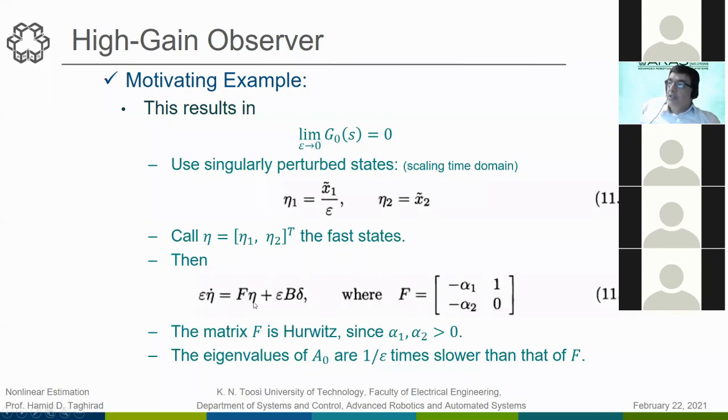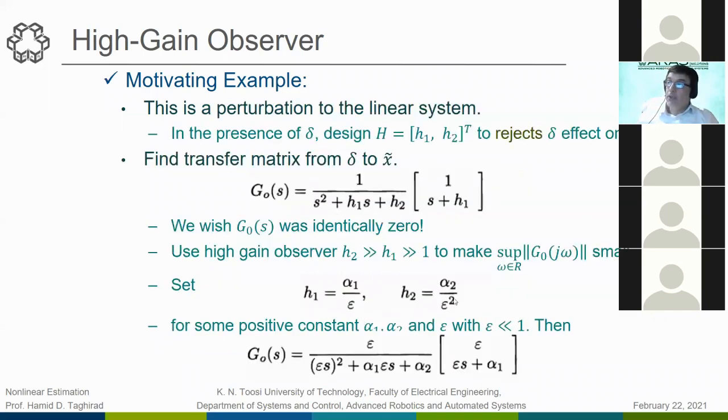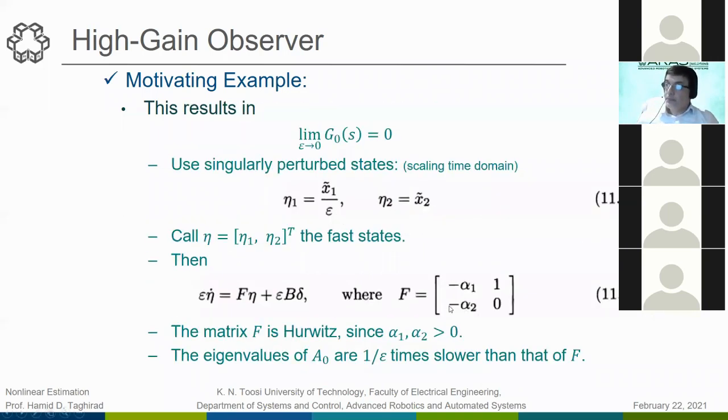And we can see that it is quite easy to find that if the eigenvalues of A0 are 1 over epsilon times lower than the F, then we have all the convergence that we need from perturbation theory. In other words, this means that you need to increase the gains, but not just equally, but in the manner I mentioned here: alpha 1 over epsilon and alpha 2 over epsilon squared.